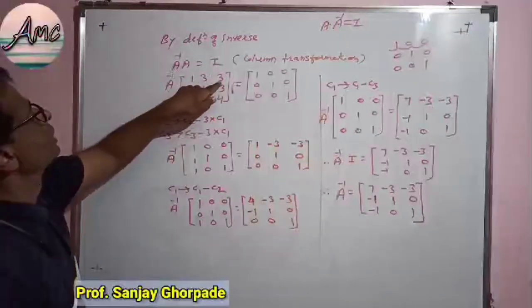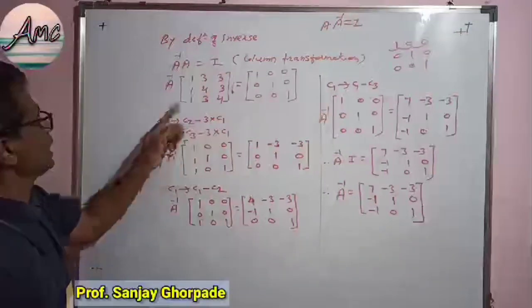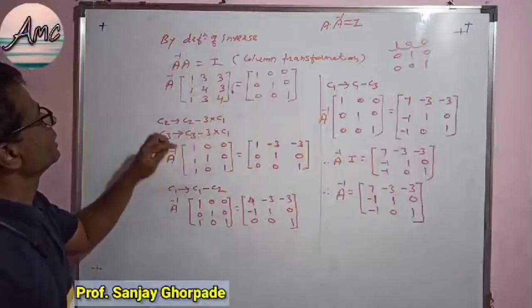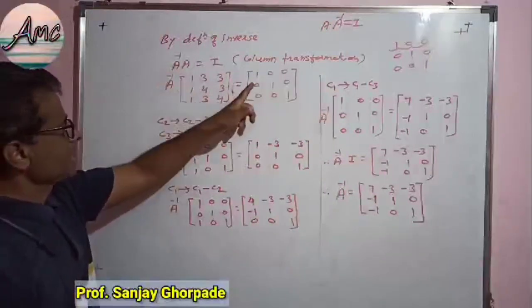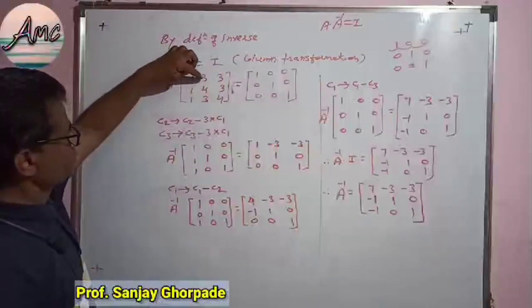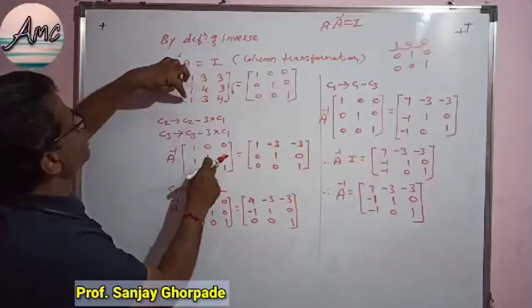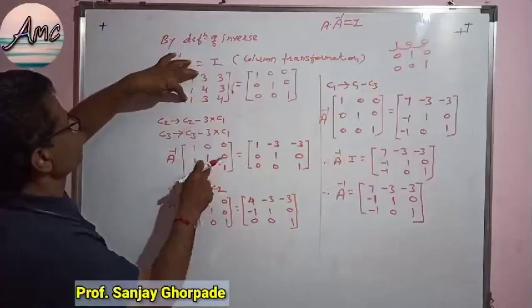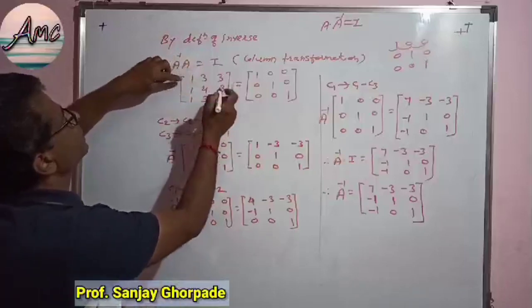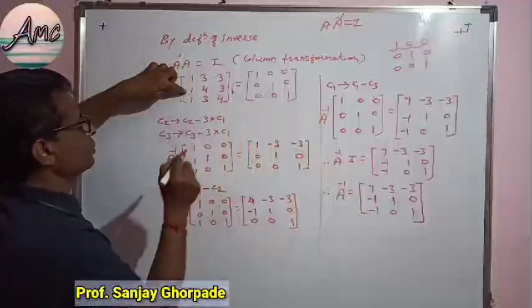We have to make these two elements 0 by taking C2 tends to C2 minus 3 times C1 and C3 tends to C3 minus 3 times C1. First column as it is. In the right hand side also first column as it is. So C2 minus 3 times C1: 3 minus 3 is 0, 4 minus 3 is 1, 3 minus 3 is 0. Then C3 minus 3 times C1: 3 minus 3 is 0, 3 minus 3 is 0, 4 minus 3 is 1.